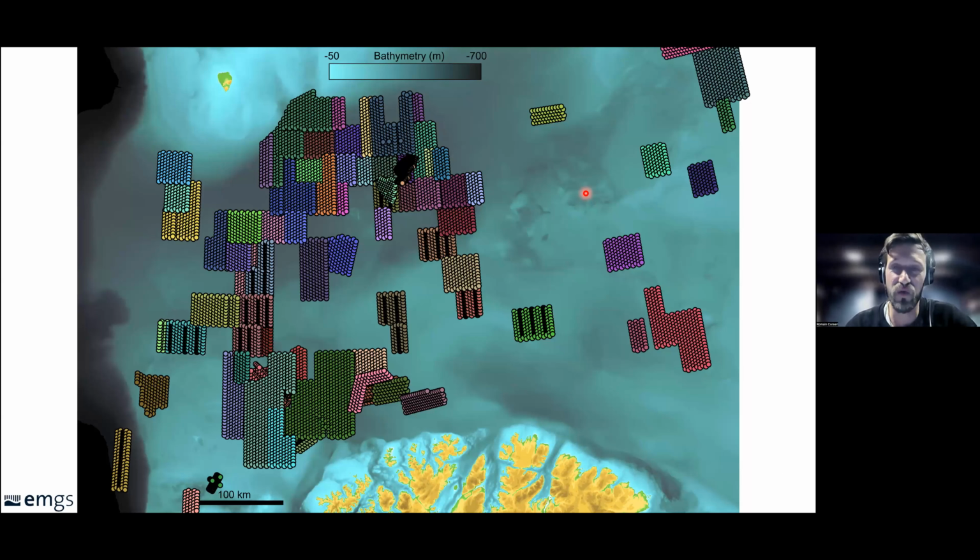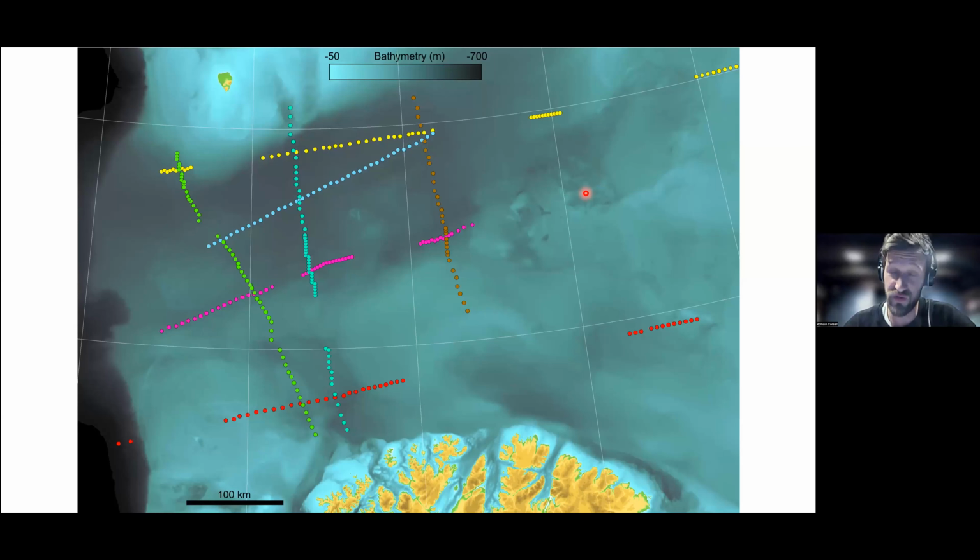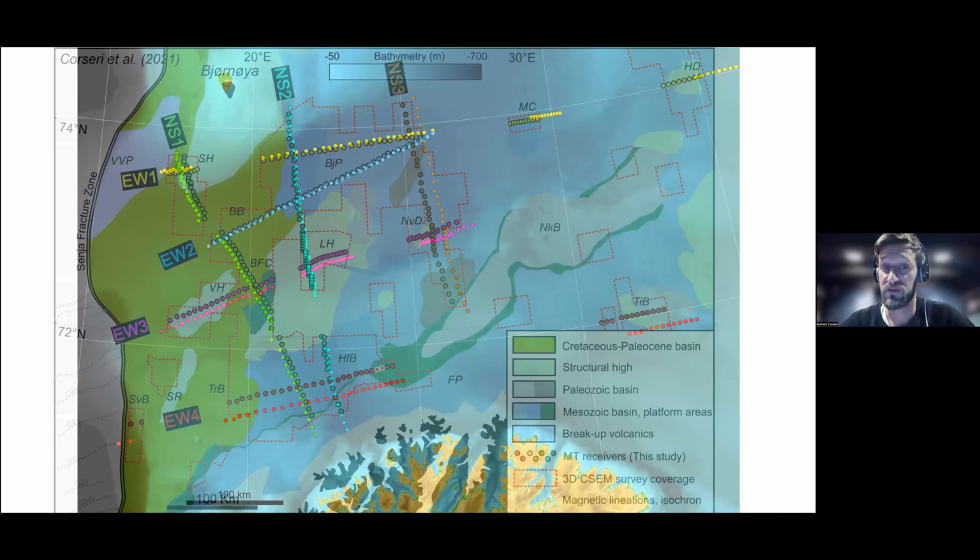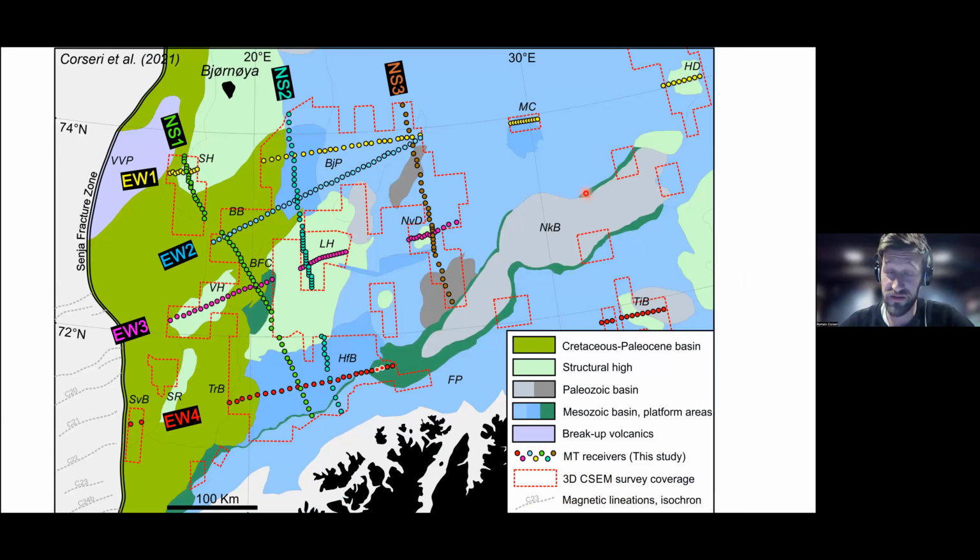So I tried to sample the most important geological tectonic structures by extracting some profiles. The dots here are the receivers that I selected for my research.